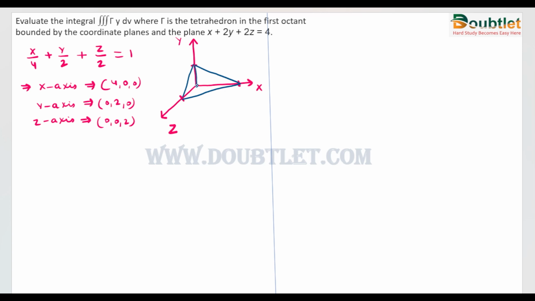If we make these sides also, it will look like a 3D figure. This view is just coming out of the screen.